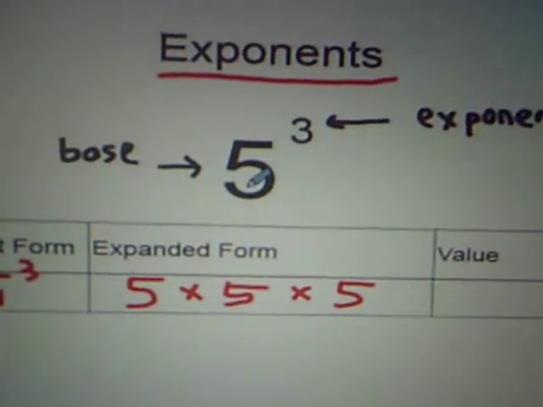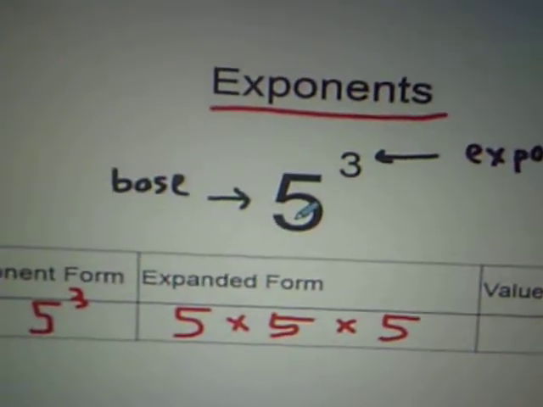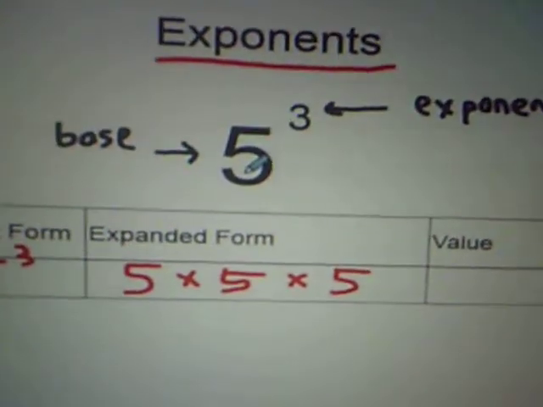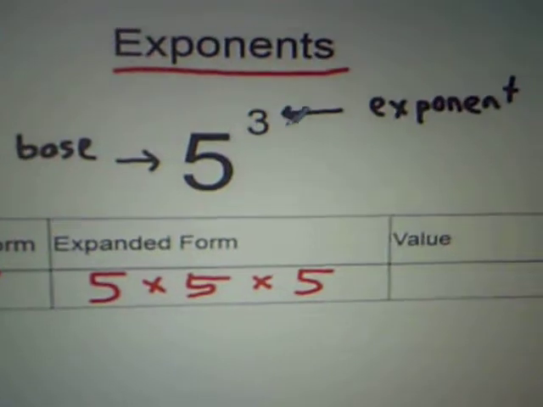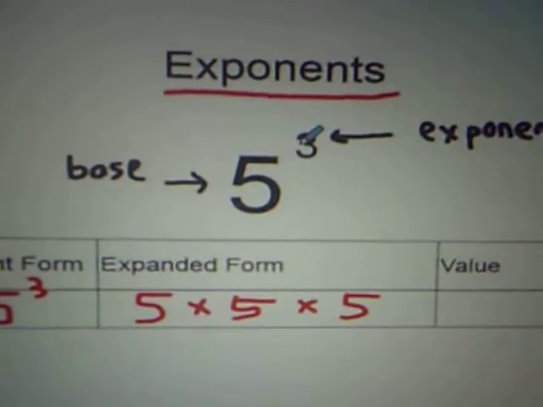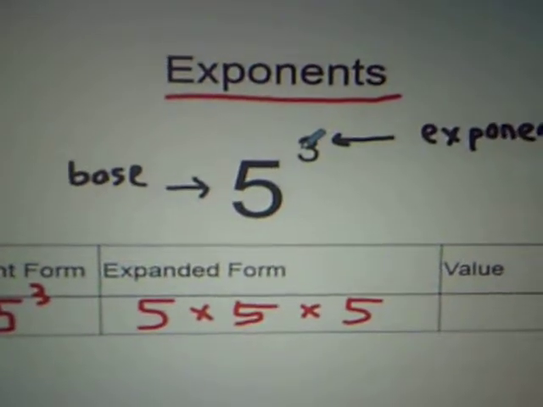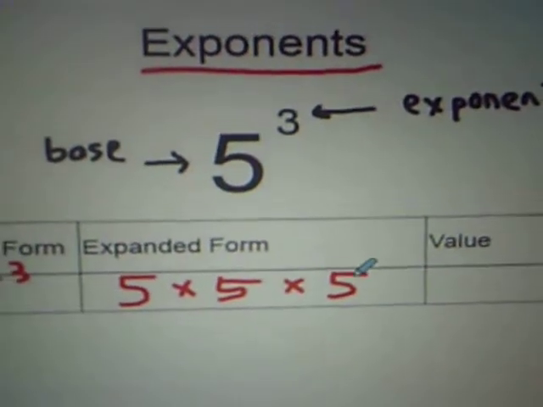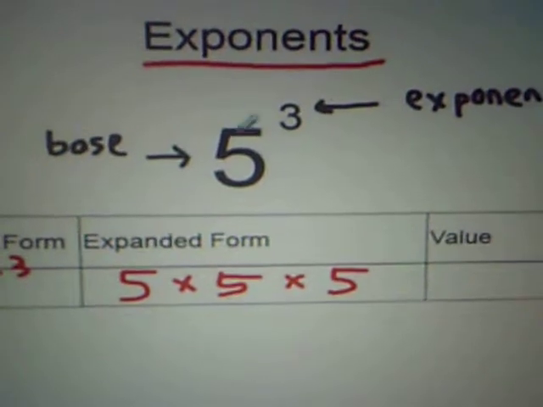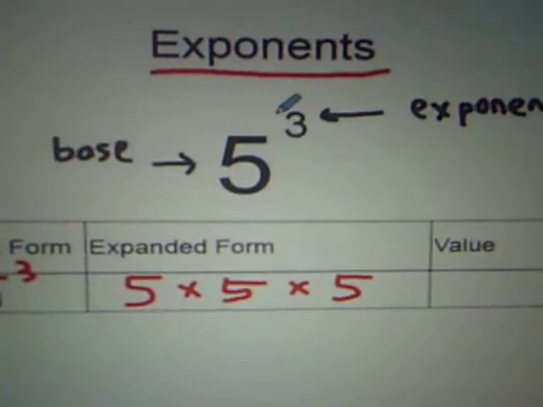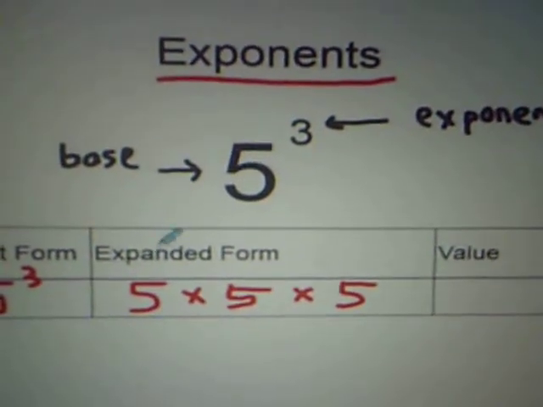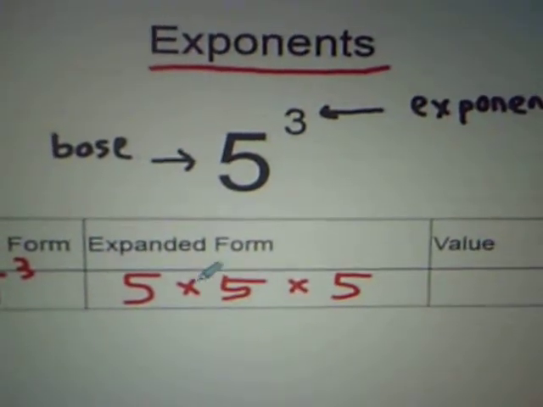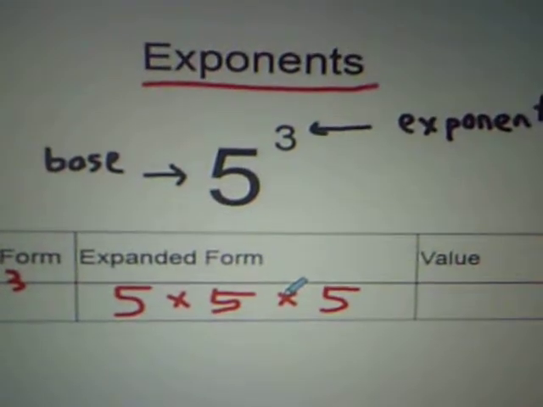But we don't. We have the base number of 5. So we use the number 5 as our main number. The exponent, which in this case happens to be 3, simply tells us how many times to use the base number in multiplication. So since the exponent is 3, that tells us that we take this base number, write it out there 3 times, and then multiply it all together. Okay?